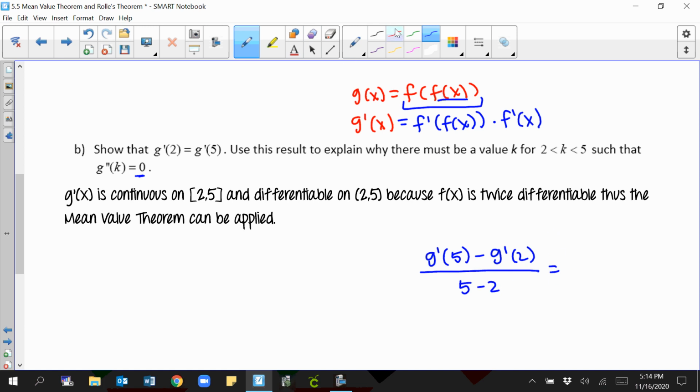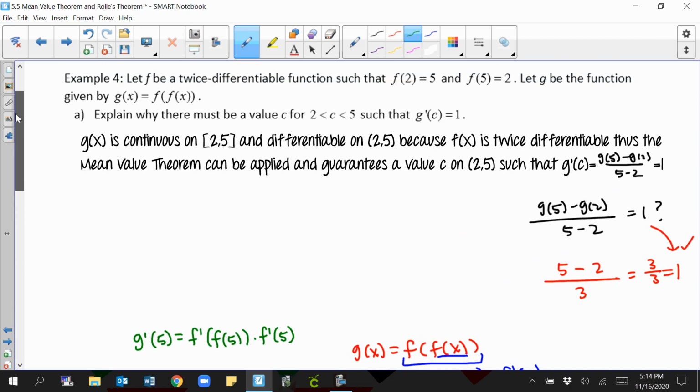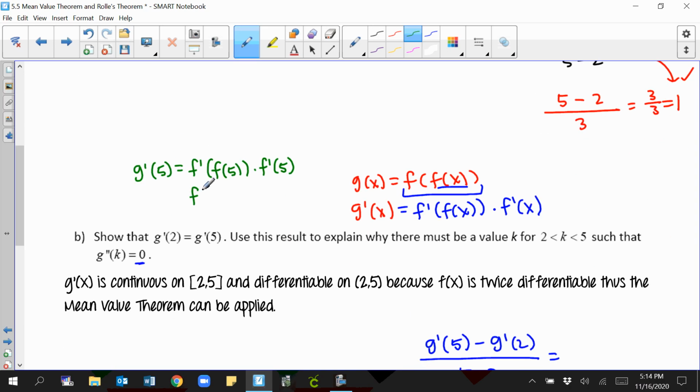So g prime of 5, I'm going to do that over here. So it's going to equal f prime of 5 times f prime of 5. Well, up here from our original, f of 5 is 2, so f prime of 2 times f prime of 5. And so we need to figure out what those are, which we don't know, but it just says that we need to show that these two are the same.